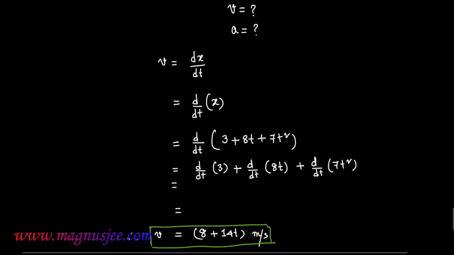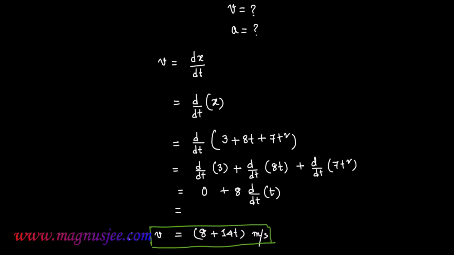And now d/dt of 3 is constant, so obviously d/dt of 3 is 0. Now we can bring 8 outside the d/dt operator because 8 is constant. 8 into d/dt of t, then 7 into d/dt of t square. That is 0 plus d/dt of t is 1 and 7, and d/dt of t square is 2t.